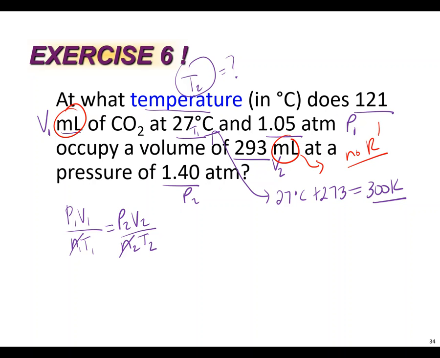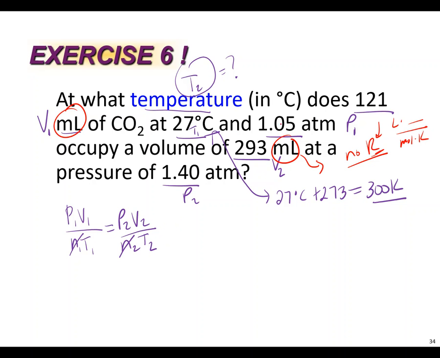The only time you have to make sure it's in liters, or a certain pressure, moles, and Kelvin, is when you have that R value. To use the R value in the ideal gas law, all of the volumes must be in liters, because the R values are calculated in liters. But since we're not using the R value here, we can keep it in milliliters.